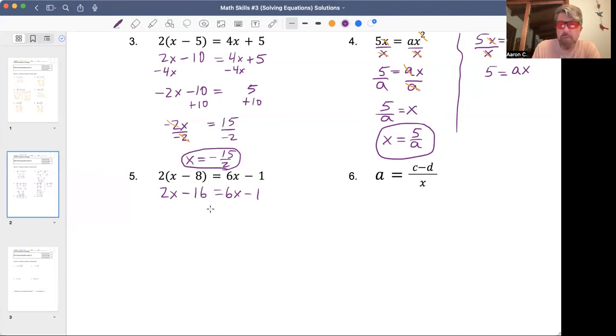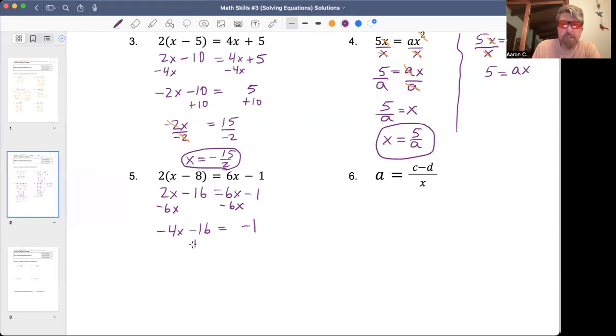And so now, it doesn't matter which side we put things on, but we could put everything on the left by getting rid of this 6x. Subtract 6x on both sides. And so we have negative 4x minus 16 equals 0 minus 1.